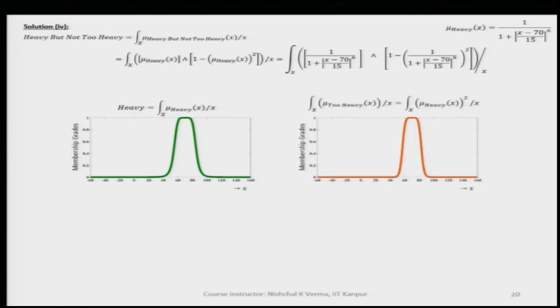This fuzzy set is for heavy, and this is for too heavy. How did we get too heavy? We simply concentrated the heavy fuzzy set.